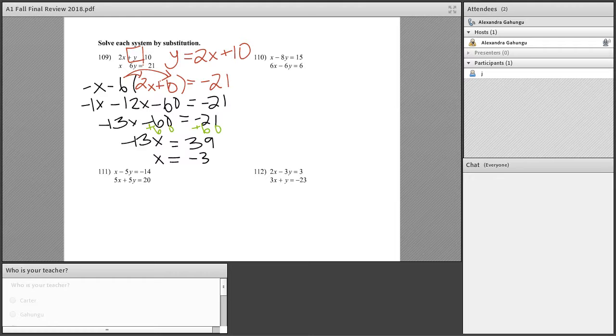Then I have to plug this back in to figure out what y is going to be, because in my equation I have both x and y, so I should have values for both x and y. So I've got y is equal to 2 times, now not x, but negative 3. I'm subbing it back in.